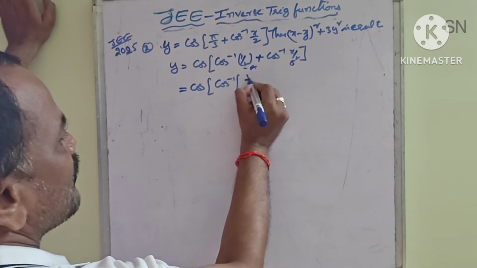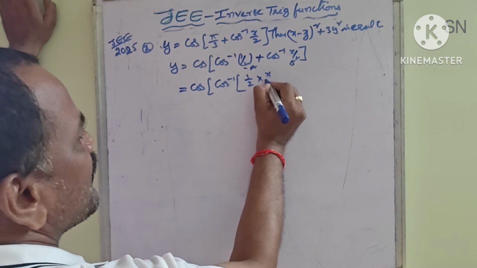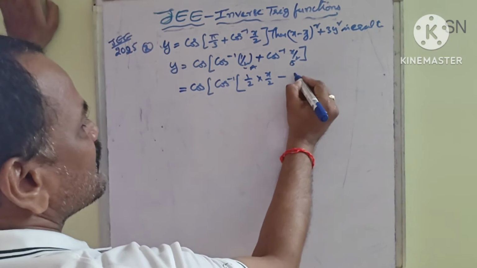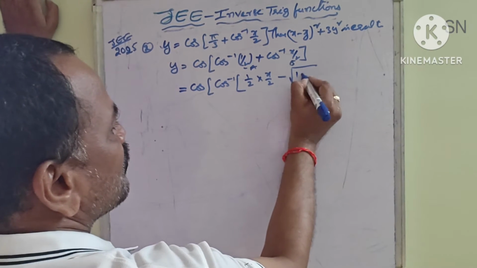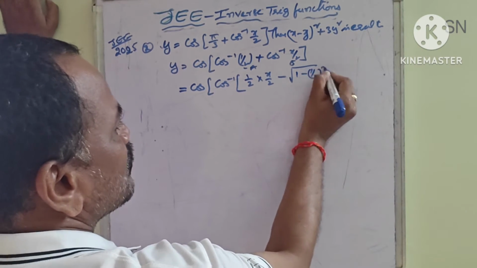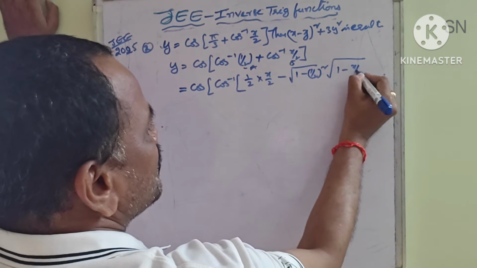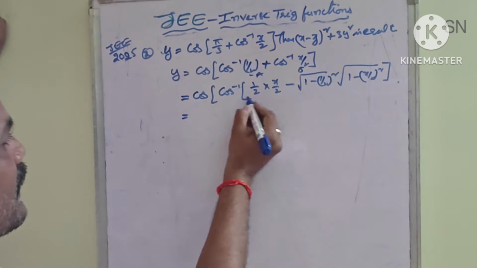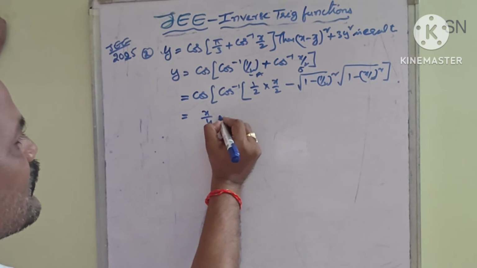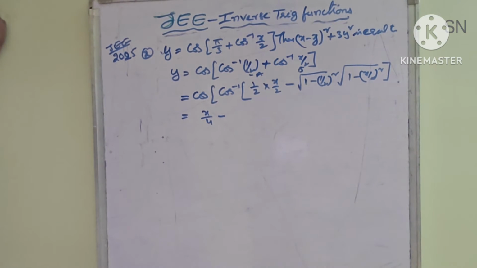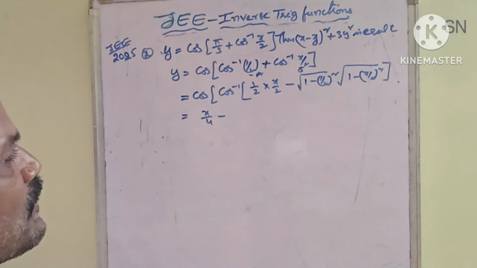Now cos A is 1 by 2 into cos B, x by 2, minus sin A, root of 1 minus 1 by 2 whole square, into sin B, root of 1 minus x by 2 whole square. Here x by 4 minus, 1 minus 1 by 2 whole square.